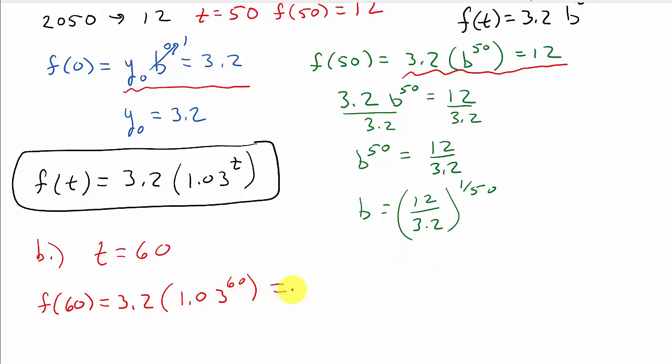That comes out to 18.8531293, and I will round this to 1 decimal place, so 18.9, and we know this is million.